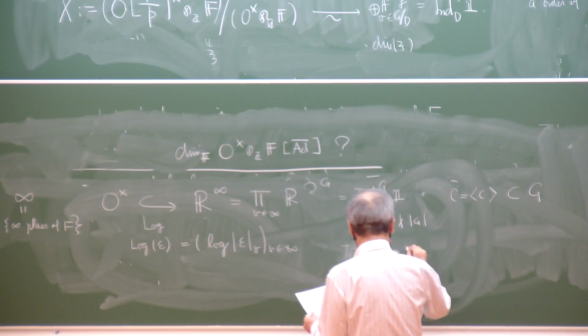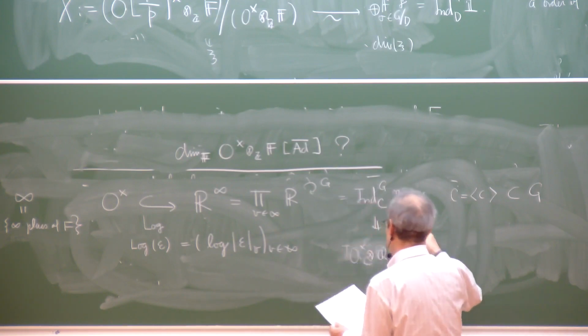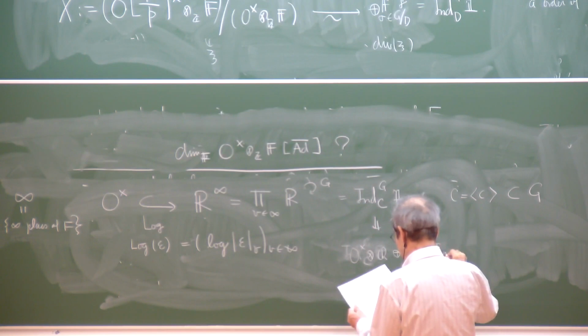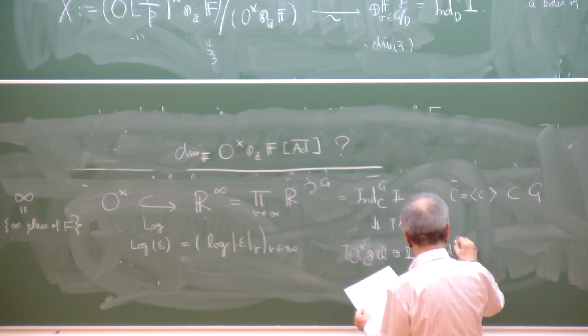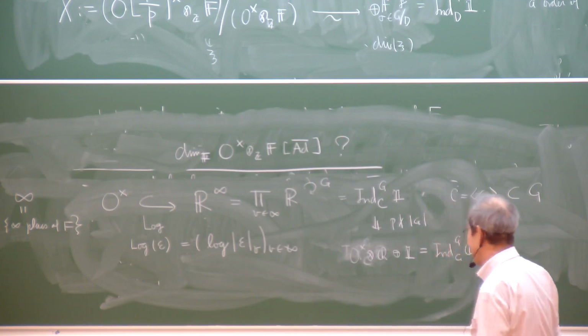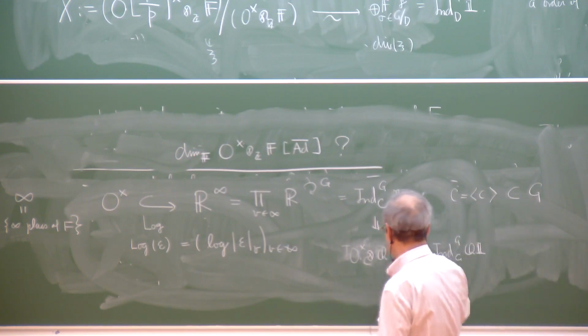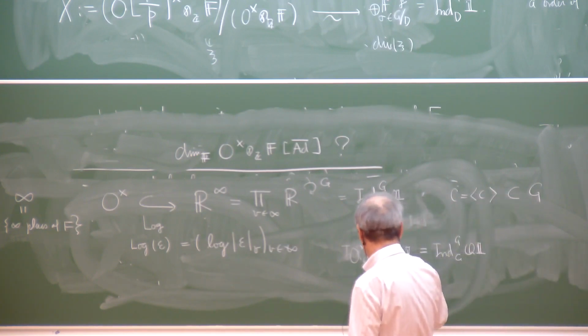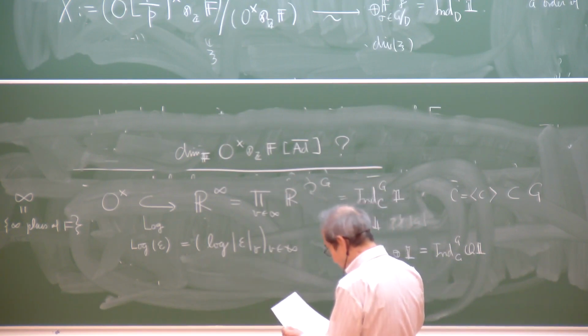Direct sum identity, you add, is by this the induced representation C to G of Q times the identity representation. This is nothing I need. Then P doesn't divide G. I can descend to F.